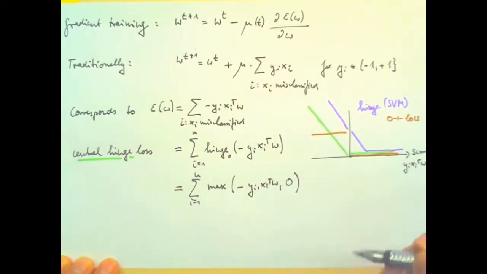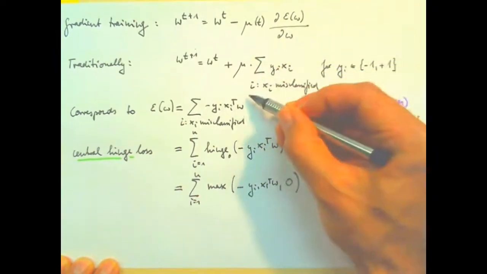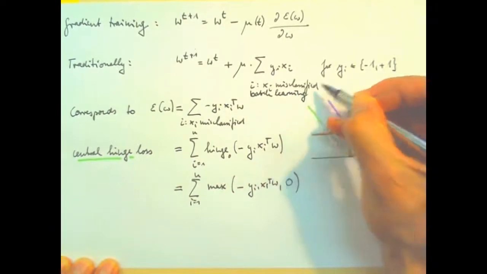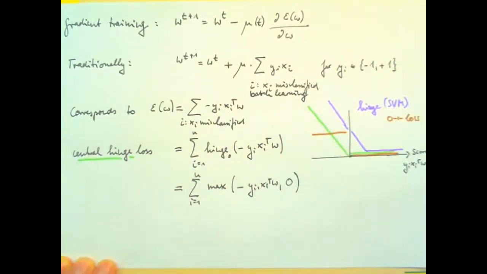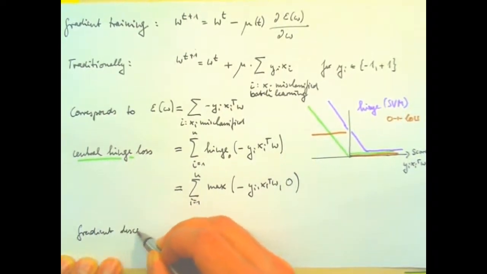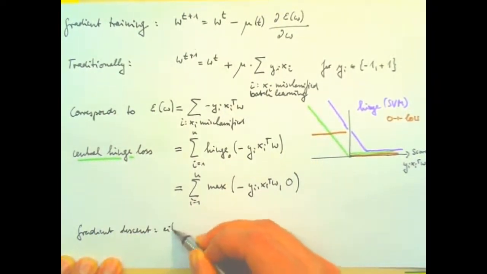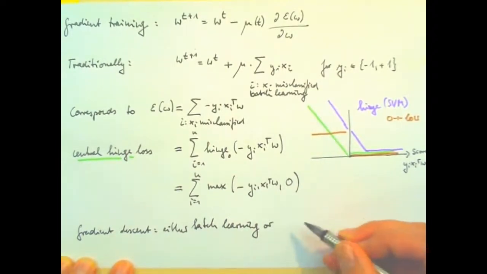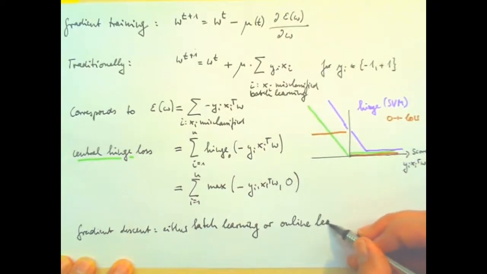So this is why this amounted to a batch learning process. You can either do batch learning, all samples at once, or online learning. Or if you want a fancier name, stochastic gradient descent.